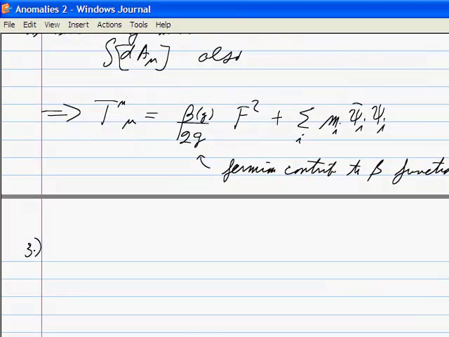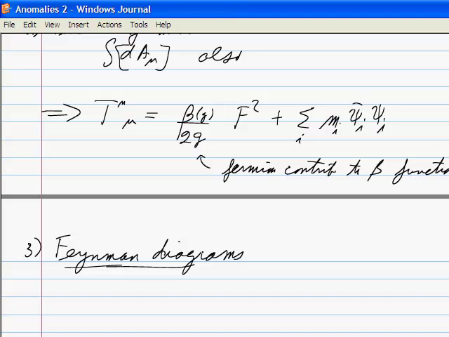And comment number 3 is what about doing it other ways? What if you didn't use path integral quantization? So how do you get this thing in just plain old Feynman diagrams? Okay.